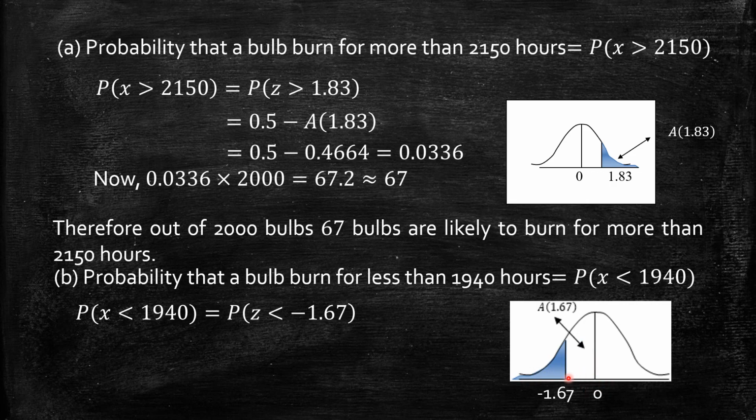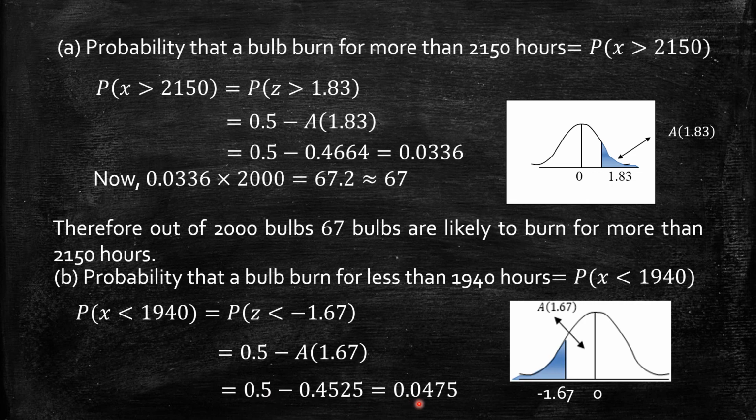This area I can find again: the total area toward the left is 0.5 minus A of minus 1.67, the area from minus 1.67 to 0, which by symmetry is the same as A of 1.67. Using the standard normal table I get the value 0.4525. Simplifying, we get 0.0475.